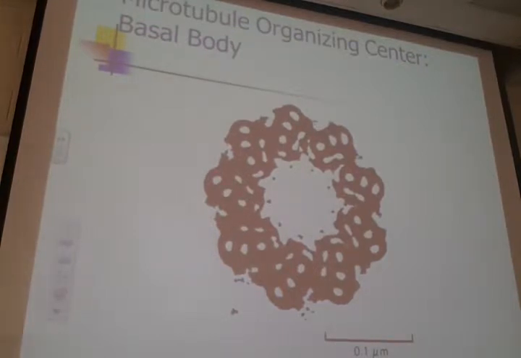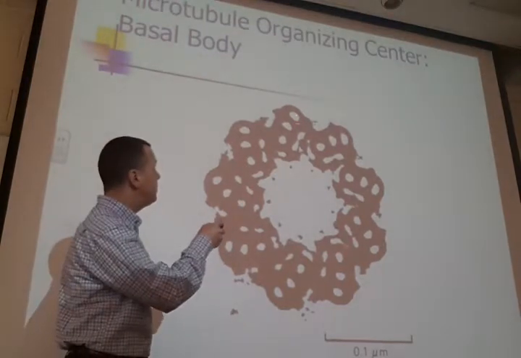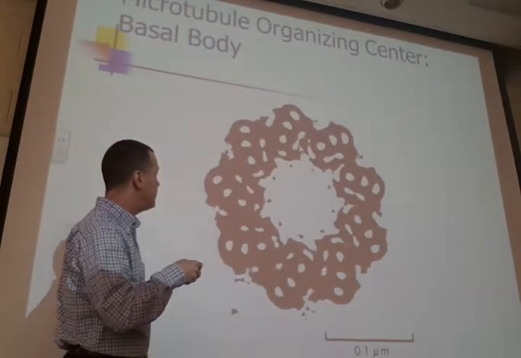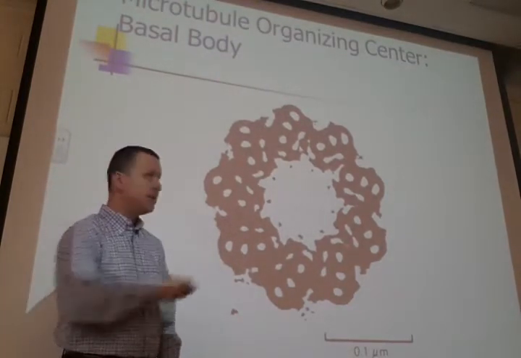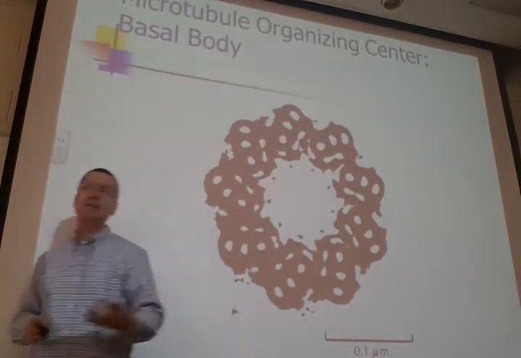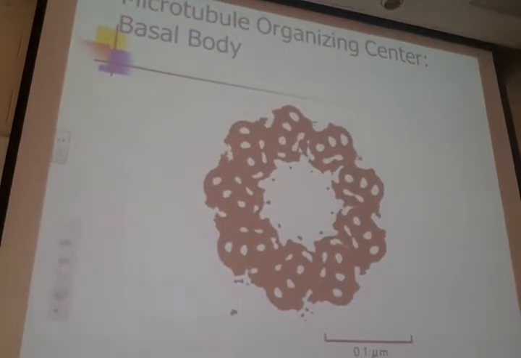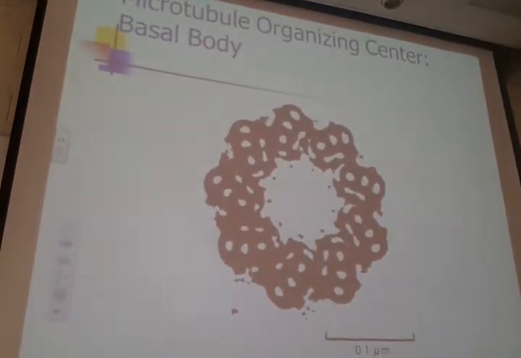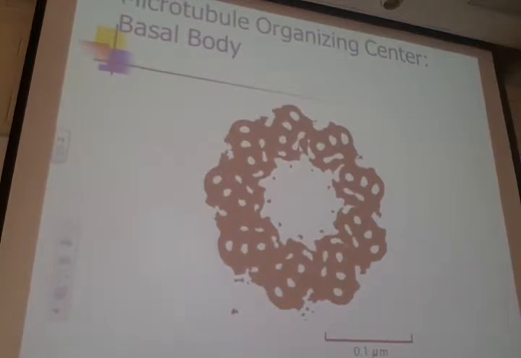And we start at the top, 1, 2, 3, 4, 5, 6, 7, 8, 9 triplets of microtubules. So it looks surprisingly like a centriole that was embedded in that centrosome in animal cells. But it's a little bit different in that they're not 3 complete microtubules.